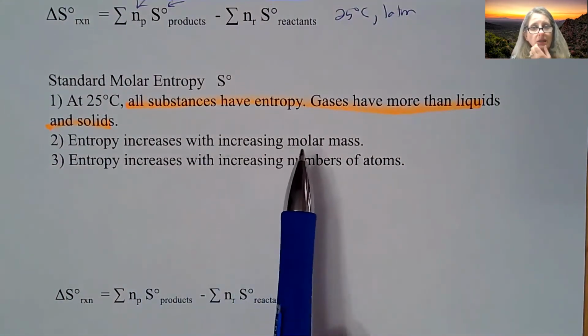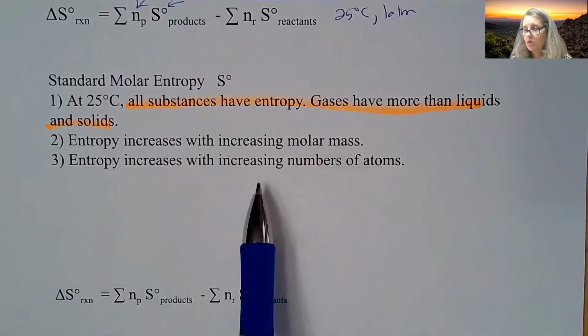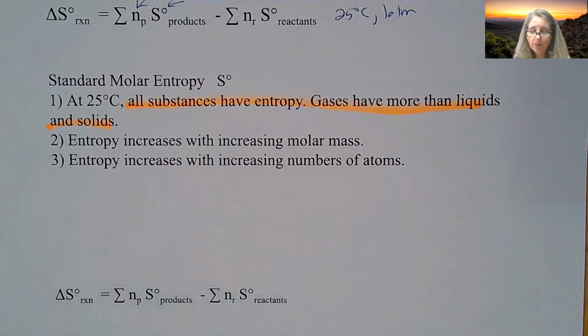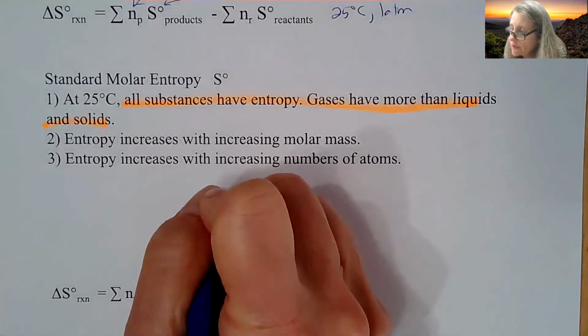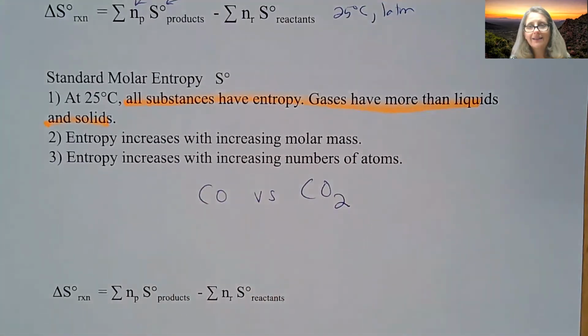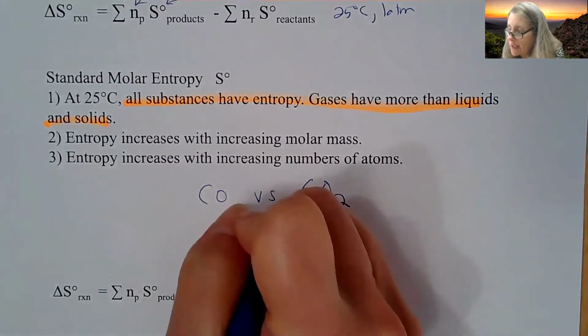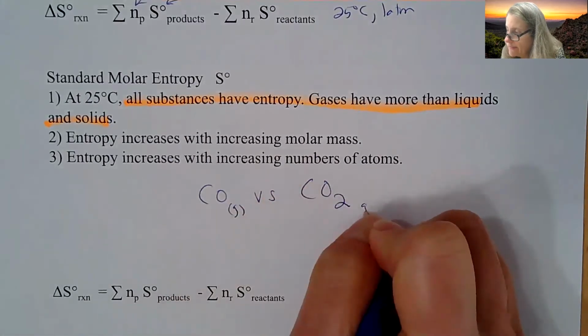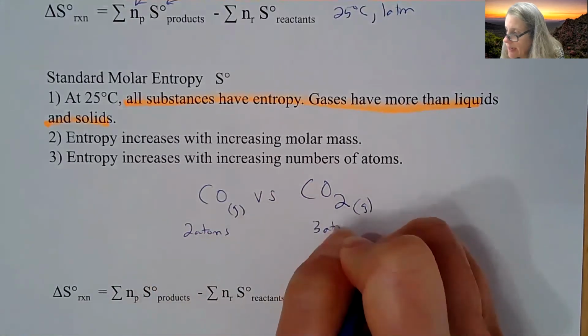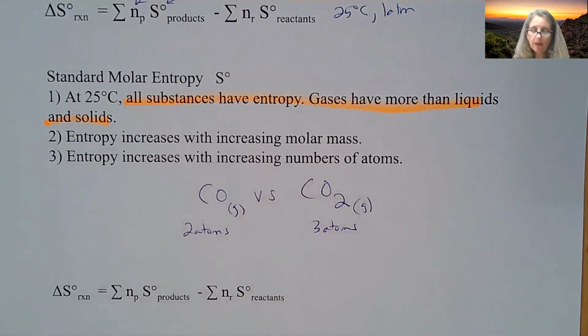Entropy increases with an increase in molar mass. I'm going to talk about an example here in a second. And it increases with the increased number of atoms. So for example, if I am comparing carbon monoxide to carbon dioxide, both of them are gases, so we can't look at states. I have 2 atoms in this formula, and I have 3 atoms in this formula, okay?